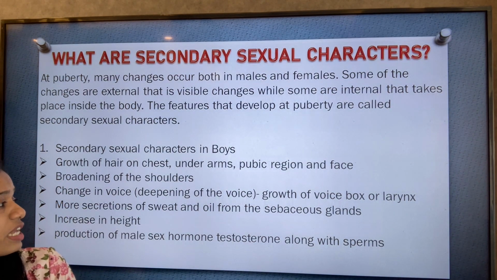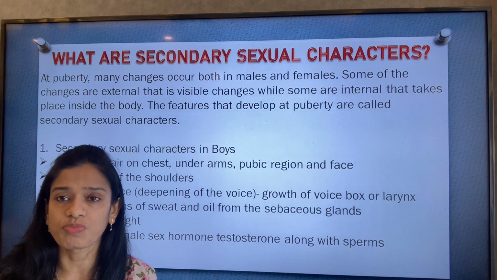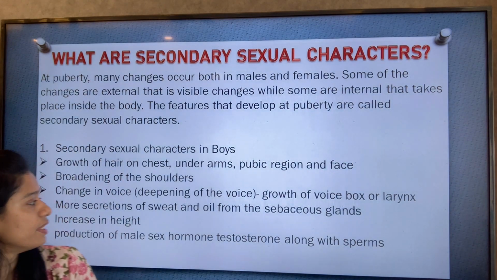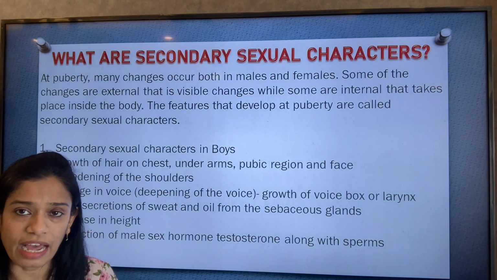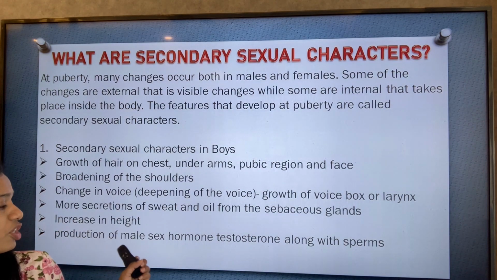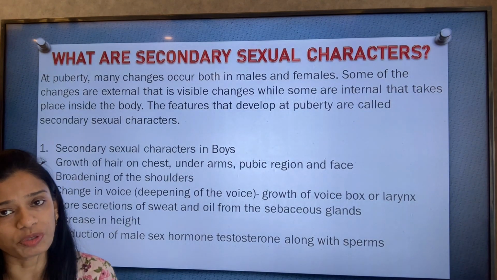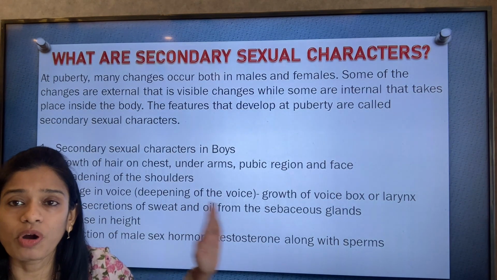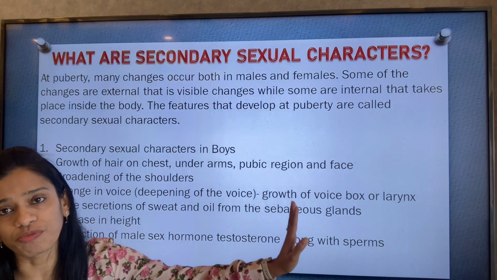The voice deepens because of the growth of the voice box or larynx, which is also known as the Adam's apple. There are more secretions of sweat and oil from the sebaceous glands, an increase in height, and also production of the male sex hormone testosterone along with sperms. So these are some important changes that happen in boys due to the onset of puberty.